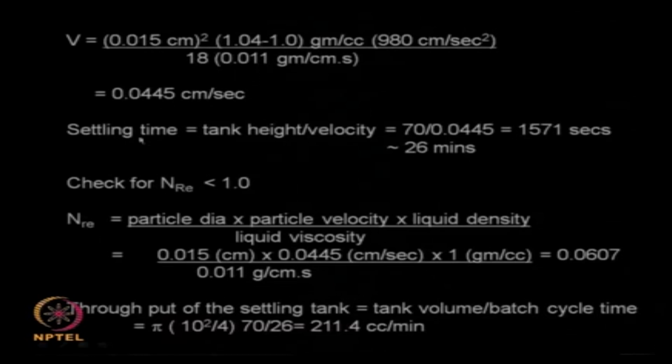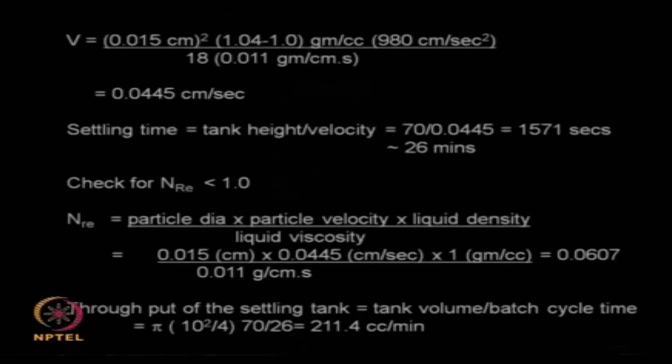The settling time will be height divided by velocity. The height of the tank is 70 centimeter, and if you divide by the velocity you get 1571 seconds, that is about 26 minutes. That means it takes 26 minutes for a solid at the top of the liquid level to reach the bottom of the tank of height 70 centimeters.